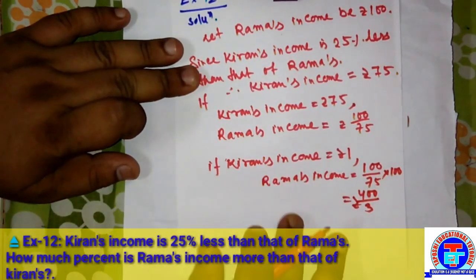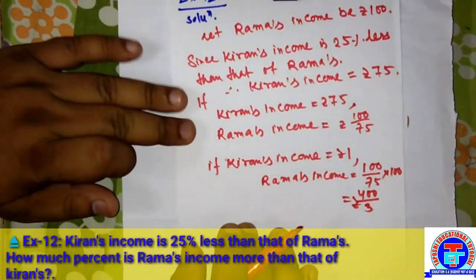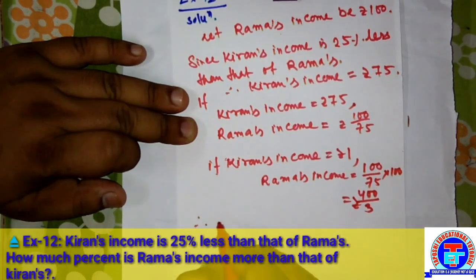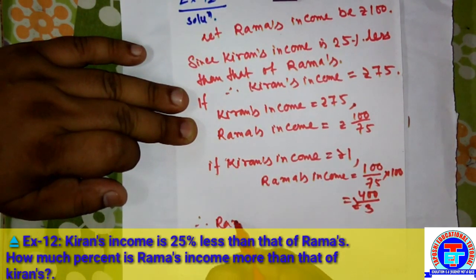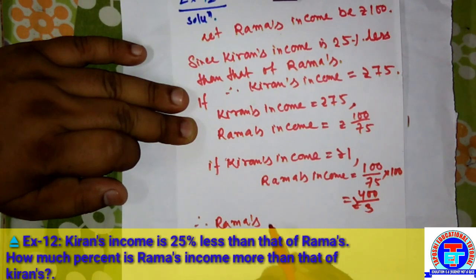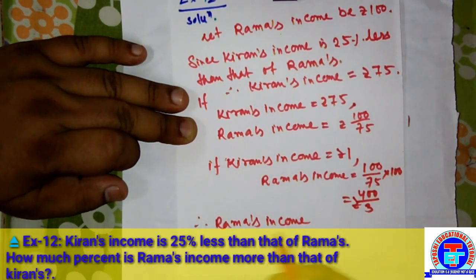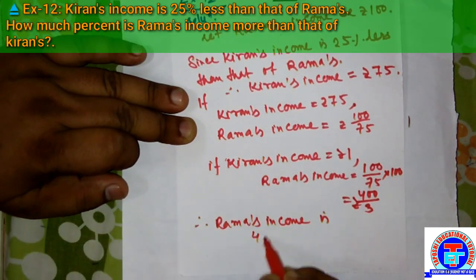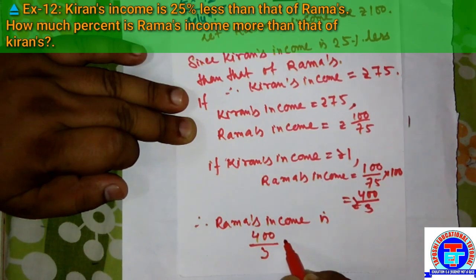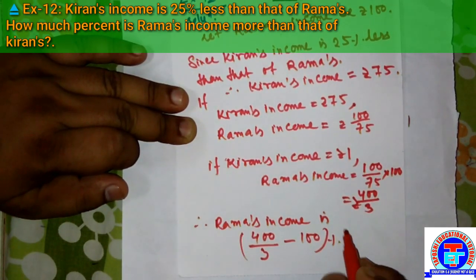So we can write, therefore Rama's income is 400 by 3 minus 100 percentage.